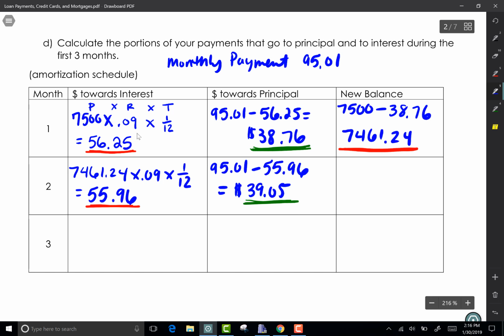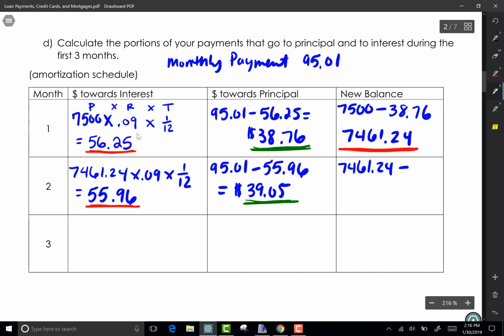Okay, now to find our new balance at the end of month 2, I take 7461.24 and I subtract off what goes towards the principal, which we said was 39.05, and that gives me a new balance of 7422.19. So that's my starting balance for month 3.